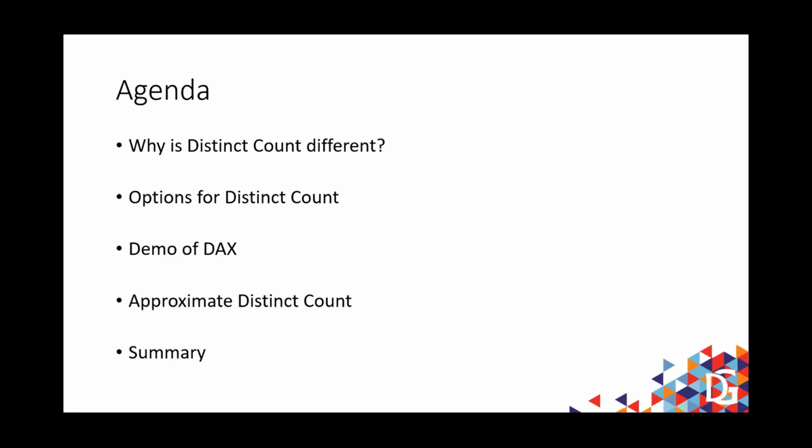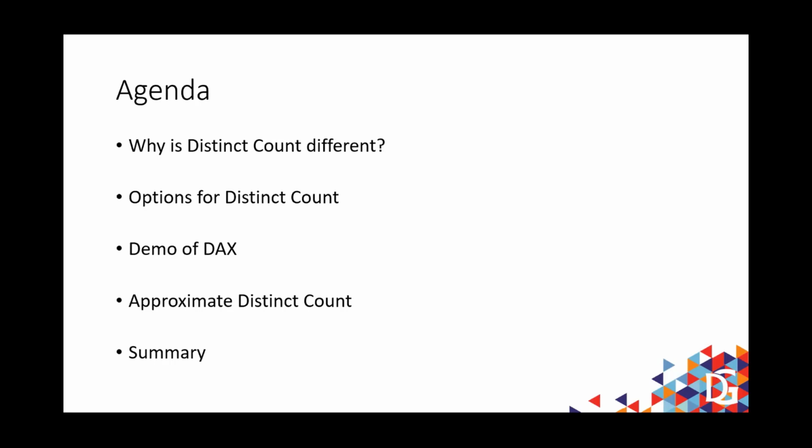Often these have different pros and cons, and we'll focus on a couple of really useful patterns that are good options to go through. And I've got a couple of demos on that. Lastly, I'm going to touch on a concept called approximate distinct count, which can often be quite a useful technique to apply, especially when you've got a lot of data and you want really aggressive runtime for your queries. And then we'll recap with a bit of a summary.